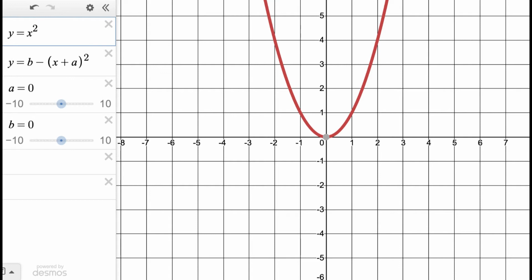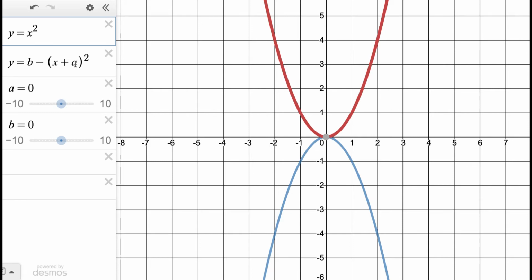So we'll have a look and see what that looks like. And there it is. All we've done is reflect the graph y equals x squared in the x-axis. All the heights that we had, for instance, this height of 4, 2 squared, has now become negative 4, negative 2 squared. So that's the effect of this negative sitting in there.